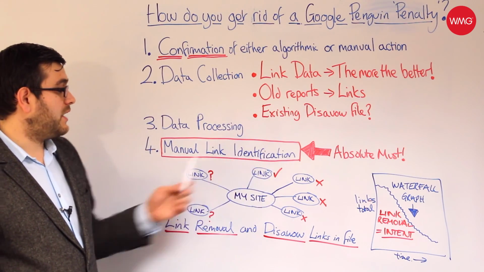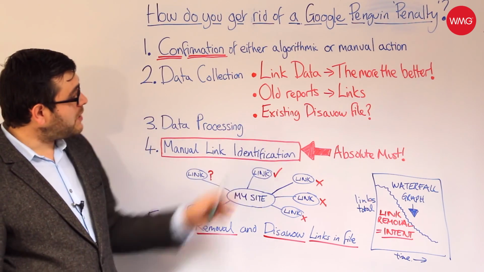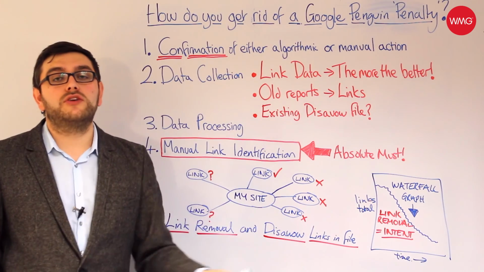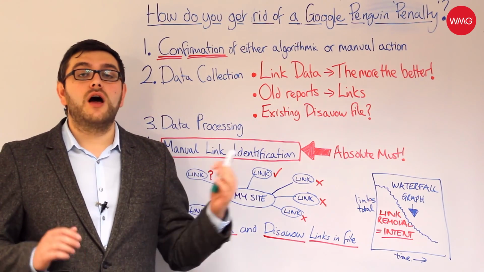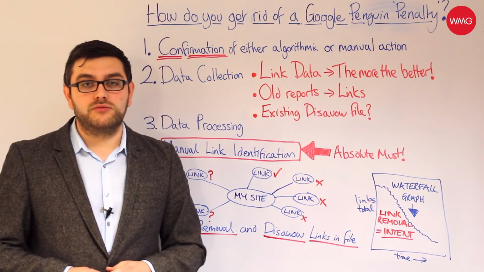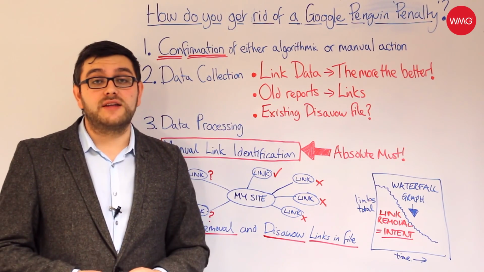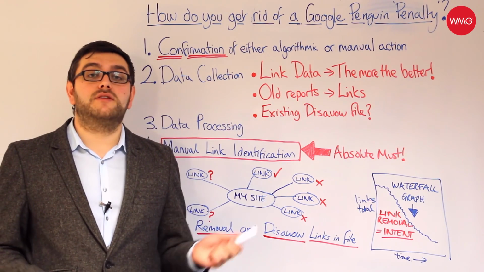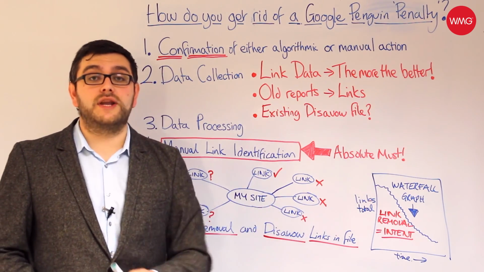Manual link identification. Big red box around it, because this is an absolute must. There are a lot of tools out there that promise to rid you of a Penguin penalty in a given time, promising results with no manual identification. These use algorithms and make a best guess to determine if a link is natural or unnatural.